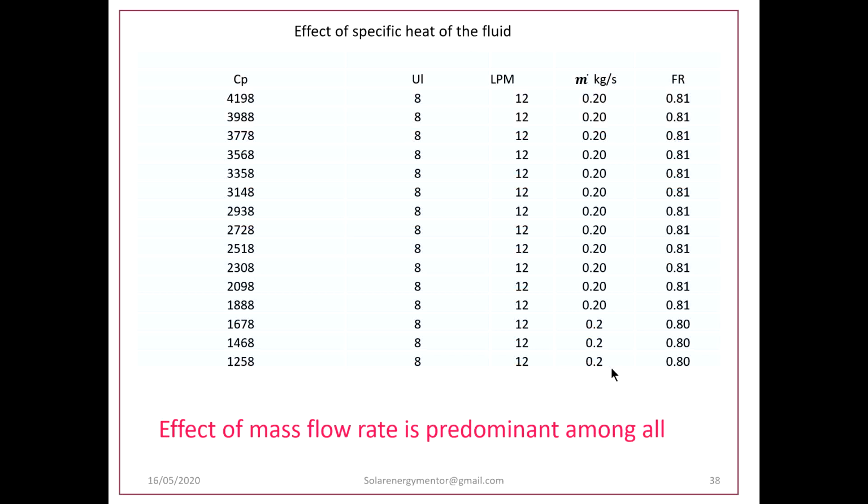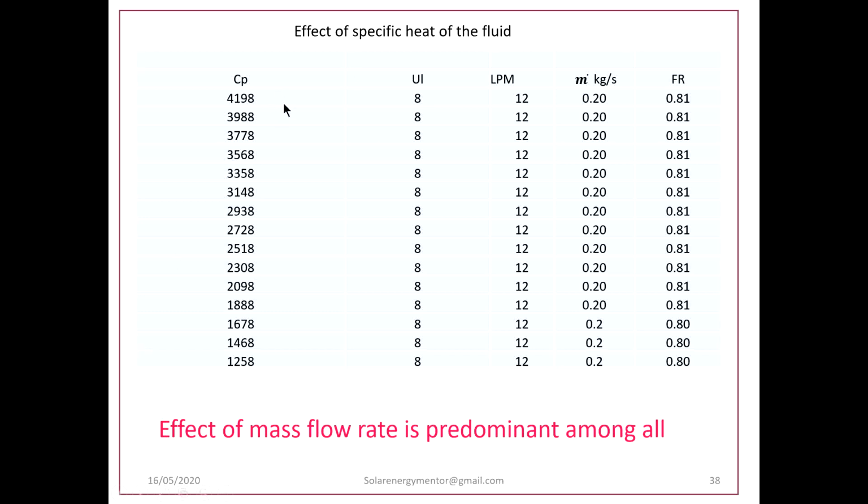Again, the effect of the specific heat of the fluid. Suppose you change the fluid from water to some thermic fluid. To have an idea about what change it would bring in the system, we have changed the Cp. The specific heat is changed from 4198 and, in uniform decrements, reached 1258. So the range of Cp is 1258 joules per kg Kelvin to 4198 joules per kg Kelvin.